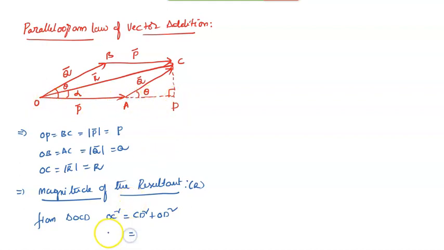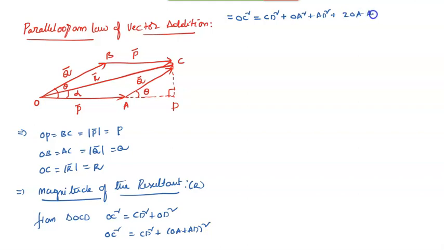So OC square is equal to CD square plus (OA plus AD) whole square. Now expand this one. OC square is equal to CD square plus OA square plus AD square plus 2 OA AD. Let this be equation 1.